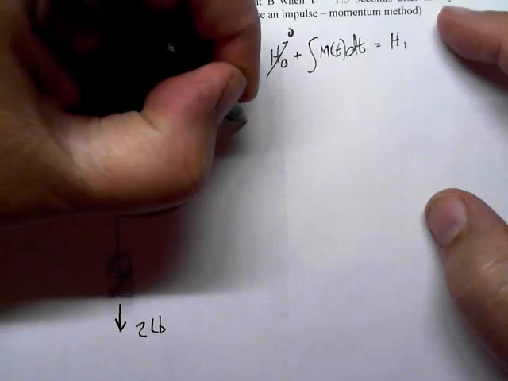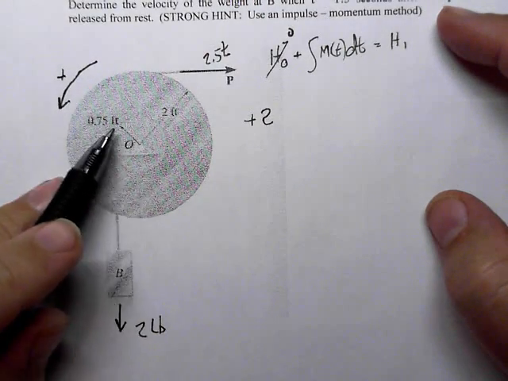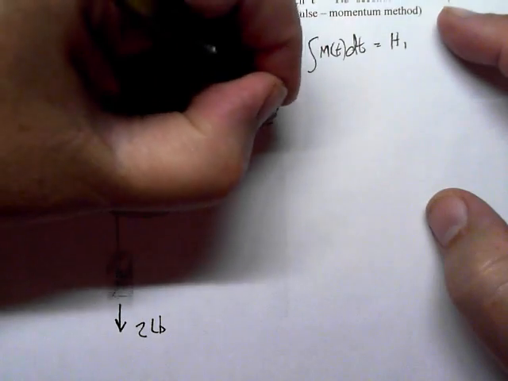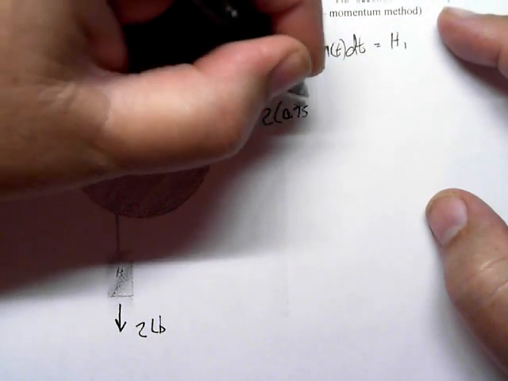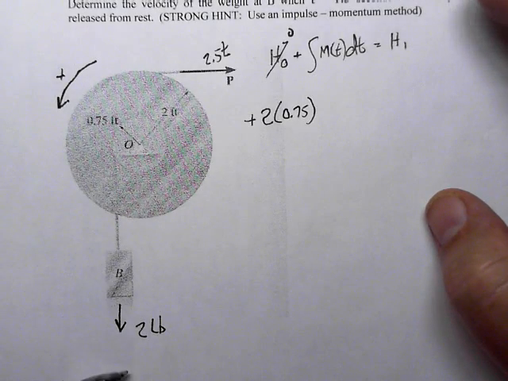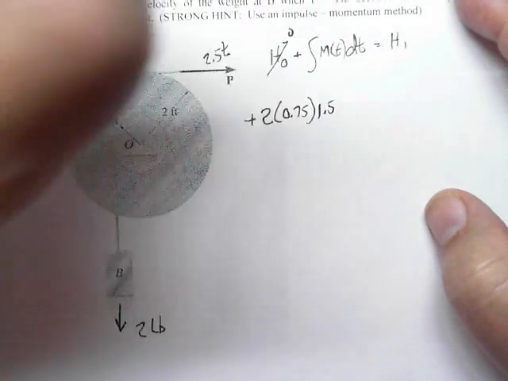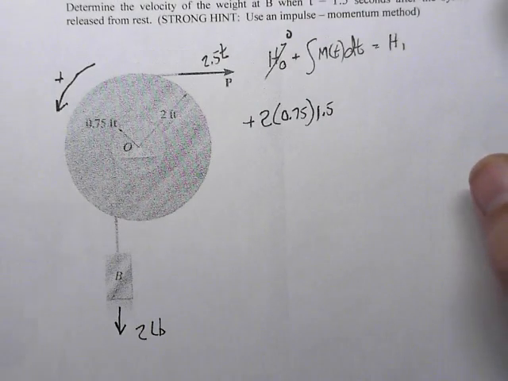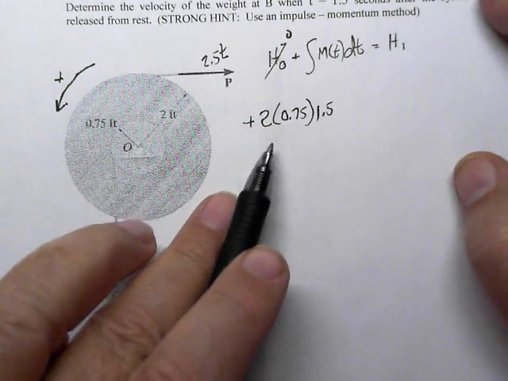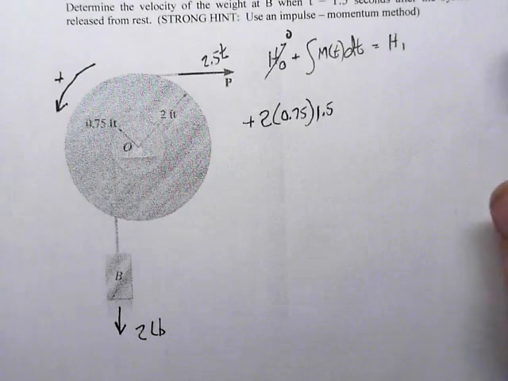And so let's deal with these integrals. We're going to have a plus 2 pound weight acting at a moment arm of 0.75 feet and acting through a time of 1.5 seconds. And so this would be the integral of M. These two pieces are M, but they're constant, times dt.